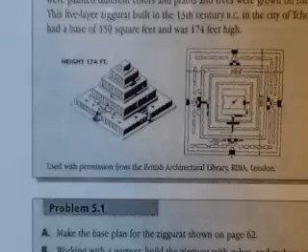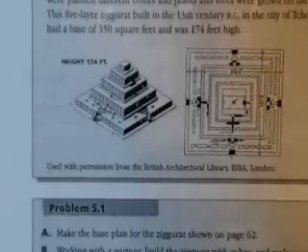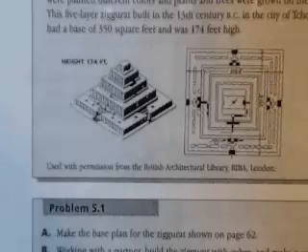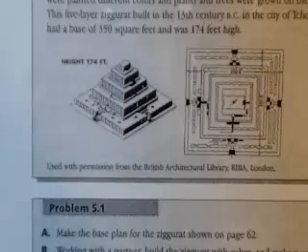So they had the walls painted different colors, and they had plants and trees growing in the terraces. And the base was about 350 square feet and about 174 feet high. You can see these were very large.